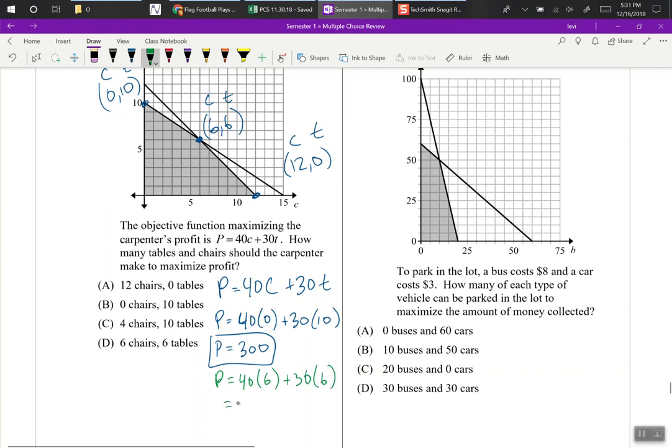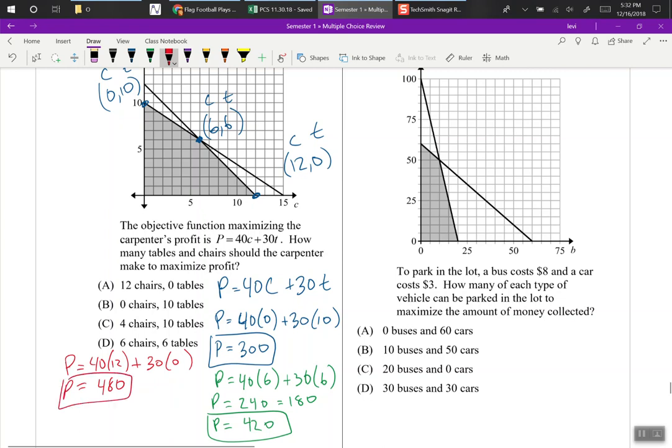So that would be 240 and 180. So P would equal 420. The last one at 12, 0 would be P equals 40 times 12 plus 30 times 0, and that would be 480.